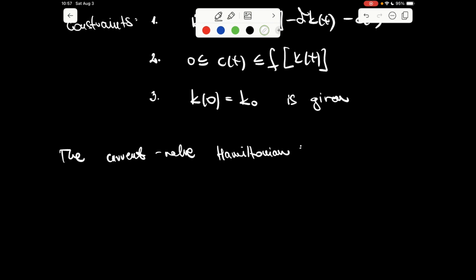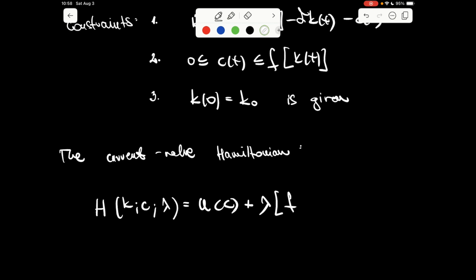The current value Hamiltonian in this cookbook approach can simply be described as a sum of the utility which we maximize, and the Lagrangian, this is the multiplier, times the law of motion for the state.